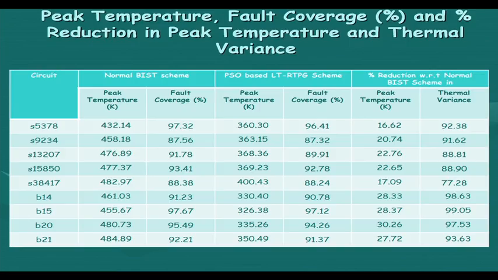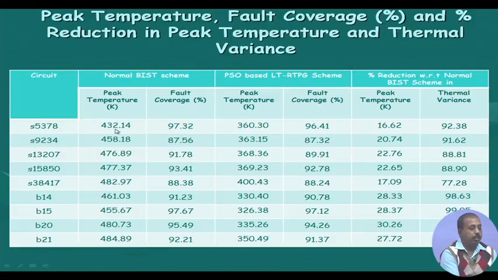Now if we look at parameters like peak temperature variation and fault coverage in a normal BEAST scheme, where there is no such choice of polynomial and seed, we see that for the 5378 circuit the original temperature was 432.14 degrees Kelvin and fault coverage was 97.32.